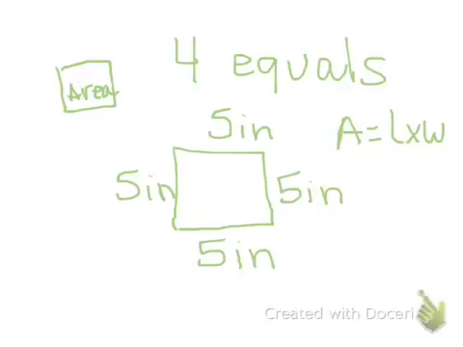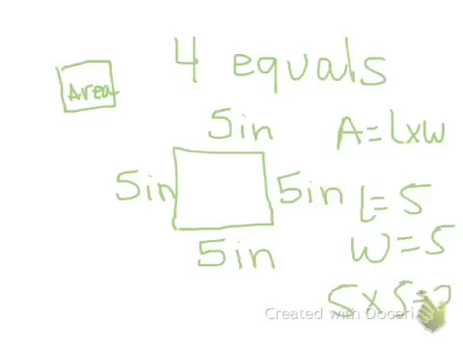So my length will be 5 and my width is also 5. When I multiply 5 times 5, that gives me 25. So the area of this particular square is 25 inches squared.